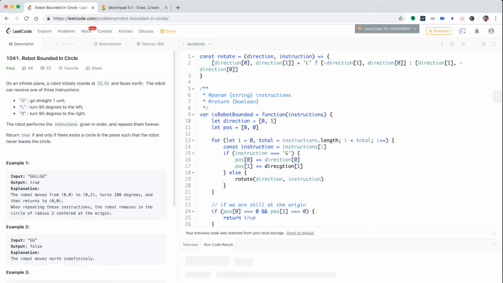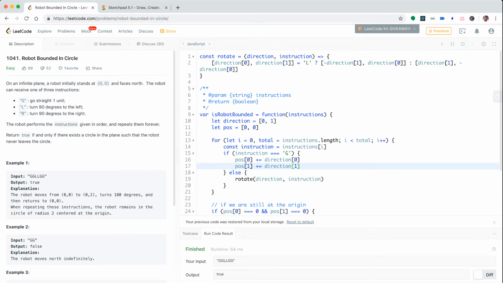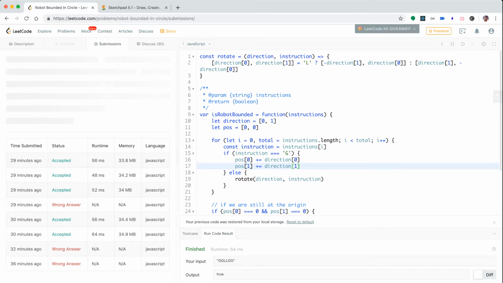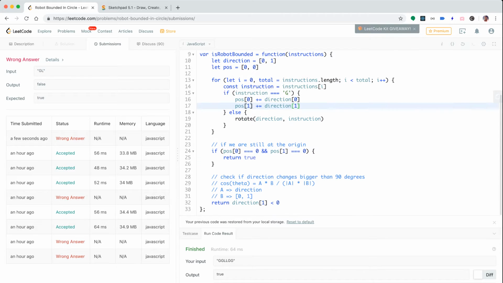We're done. We run the code. There's a typo here. True. Yeah, let's submit it. Ooh, wrong answer. We got GL. It means... Why?